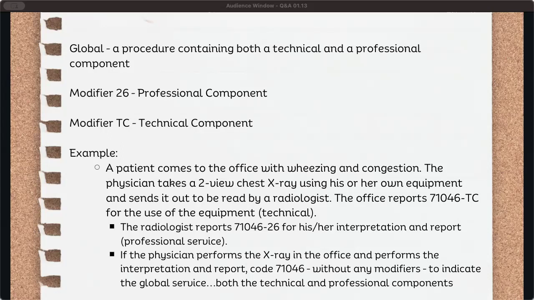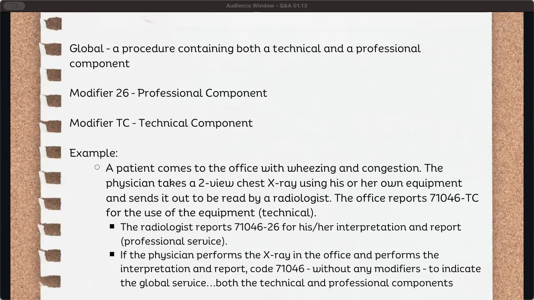Okay. That technical component is going to be anything for the facility or whoever owns the equipment to be able to give the service. So it's going to be the rent or the payment on the machine. It's going to be the electricity that helps run the machine. It's going to be the x-ray tech or the nurse or whoever it is that is actually giving the service.